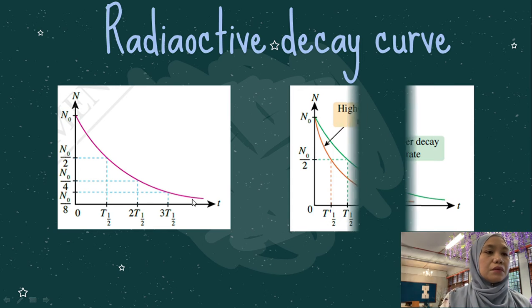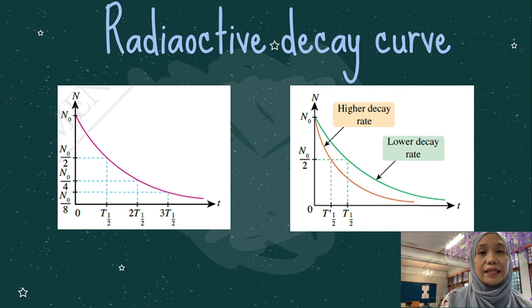As we compare different radioactive nuclei, we can see that the orange radioactive substance has a higher decay rate and a shorter half-life.